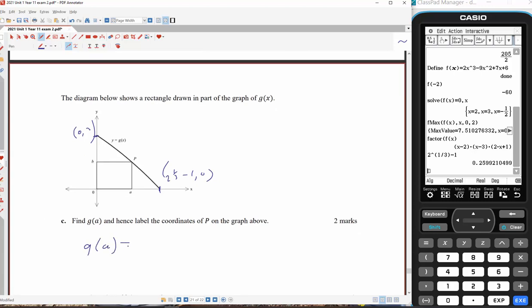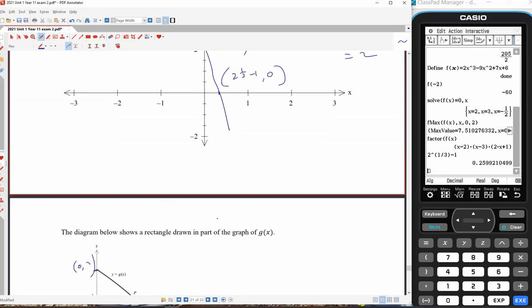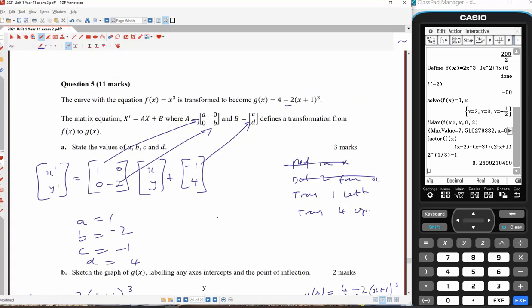So g of a equals, all this is saying is put a into the function. Just going to copy the function so I don't have to keep scrolling.